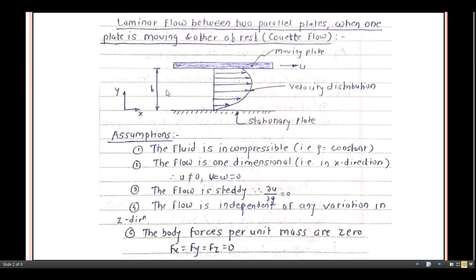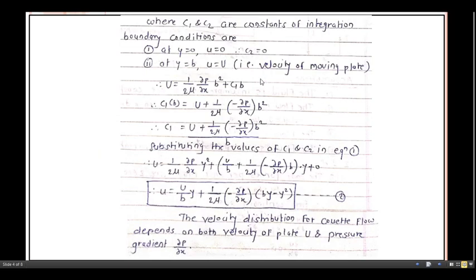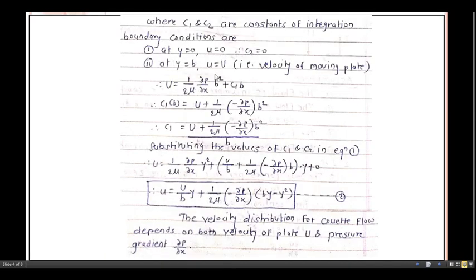Here if I consider y equals b, we get u equals capital U, the velocity of the moving plate. So the boundary condition is u equals capital U. Now if you observe this relation, u has to be replaced by capital U. So u equals 1 upon mu ∂p/∂x, and y should be replaced by b by 2, which means b square by 4 comes into the picture. So 4 multiplied by 2 is nothing but 8.